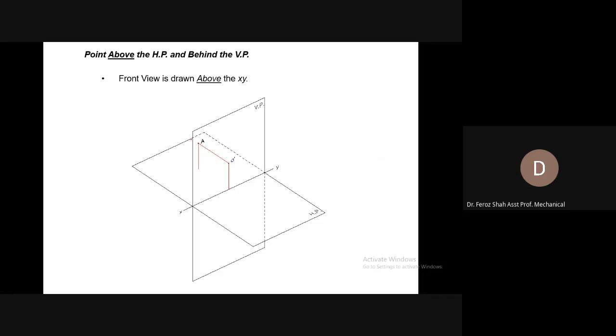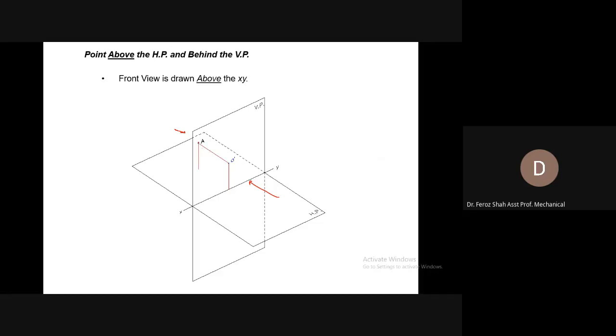So you can see that if you want to draw its views by looking at it from this side or from this side, its image or front view will always be drawn at the vertical plane. Remember that the front view will always be drawn at the vertical plane.